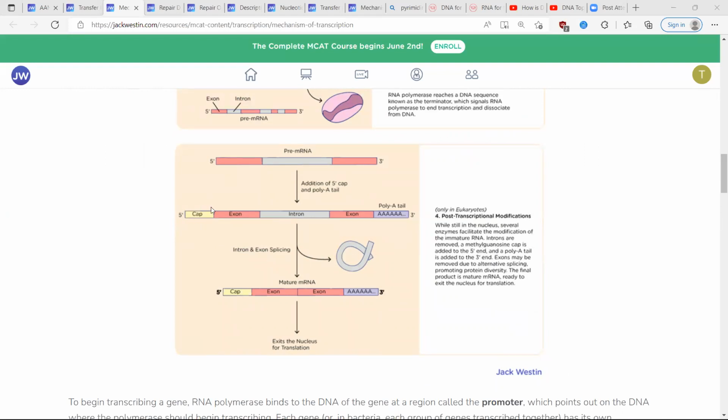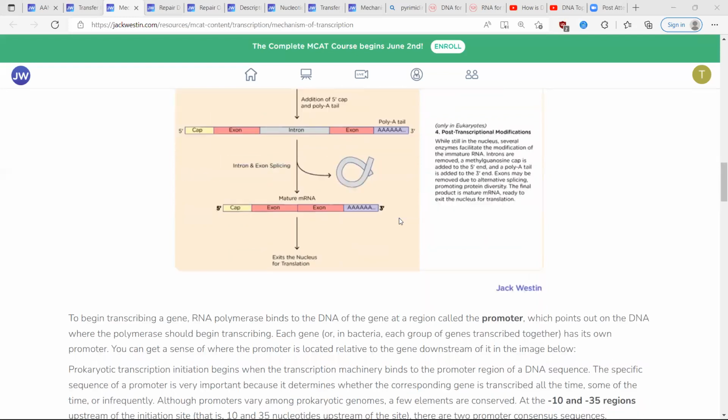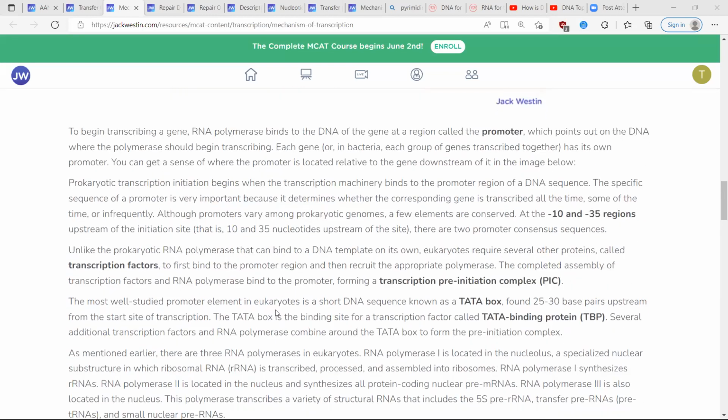It's just something that we attach to the beginning that's going to help this thing to be recognized for translation. And we attach something called a poly A tail, which is a long string of adenines. Now we have mature mRNA. This thing is ready to be translated. So now we leave the nucleus finally.